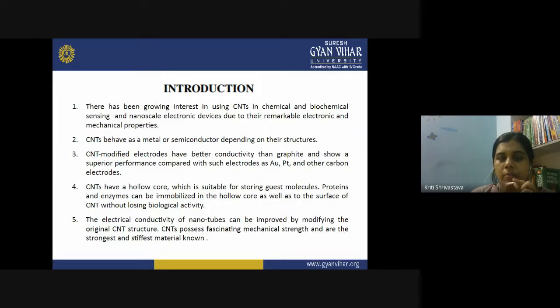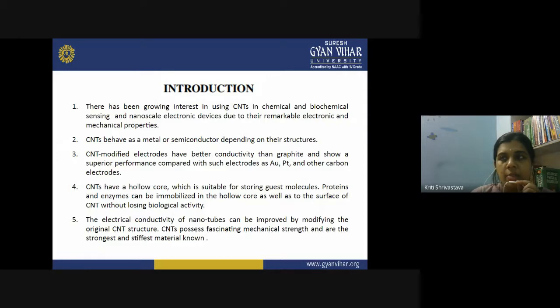Now, there has been a growing interest in using carbon nanotubes in chemical and biochemical sensing and nanoscale electronic devices. That is because carbon nanotubes show remarkable electronic and mechanical properties.